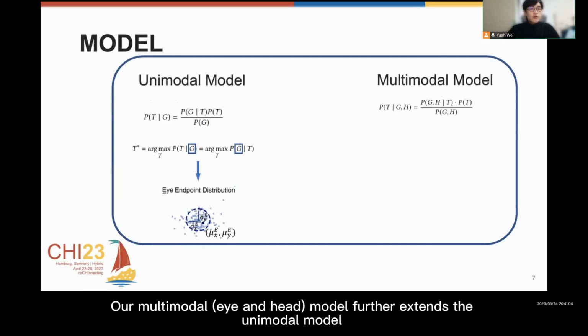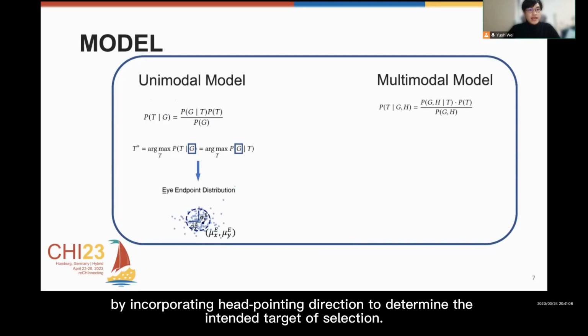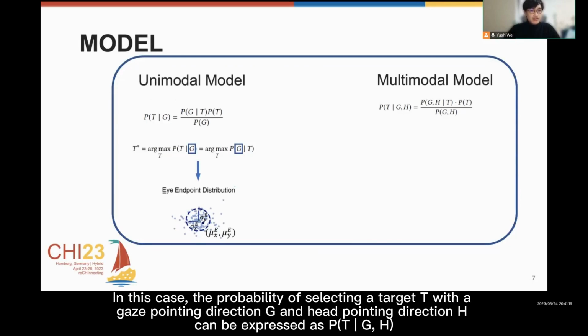Our multimodal model further extends the unimodal by incorporating head pointing direction to determine the intended target of selection. In this case, the probability of selecting a target T with gaze pointing direction G and head pointing direction H can be expressed as P(T|G,H).